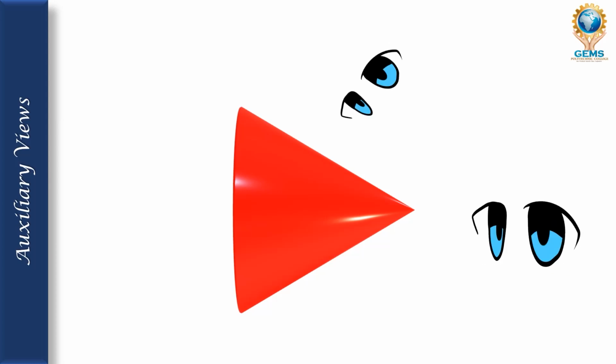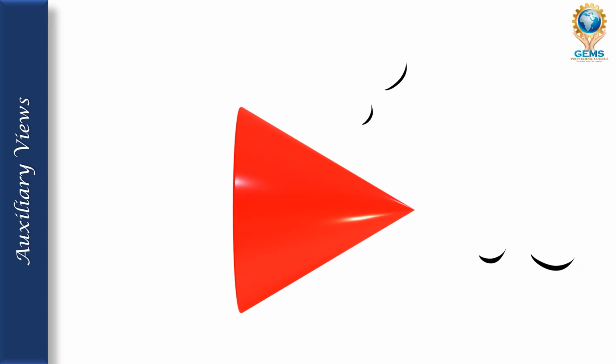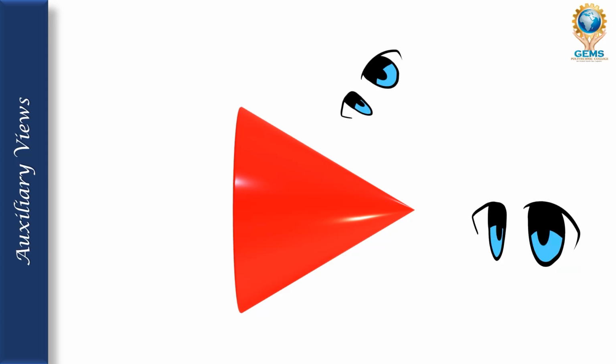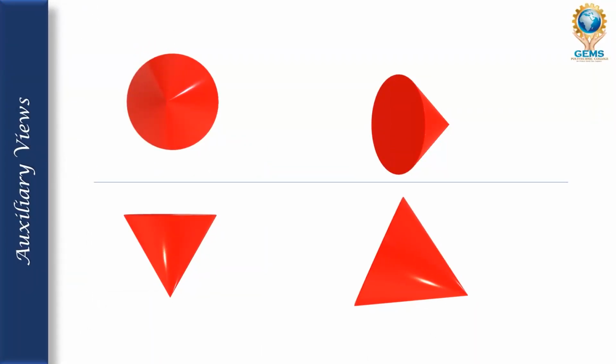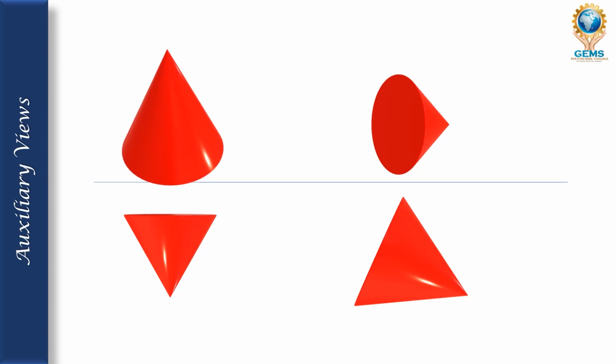Now we are going to see the same 3D shape, how the object will look, and as per the given problem, what we are going to draw. See it here. First of all, it is the front view of the object.